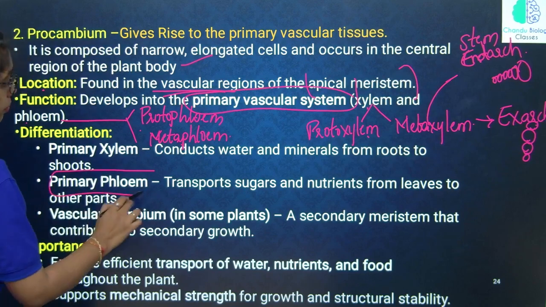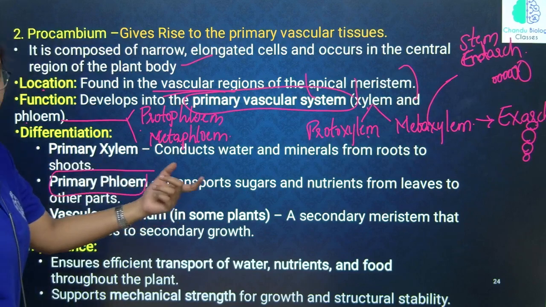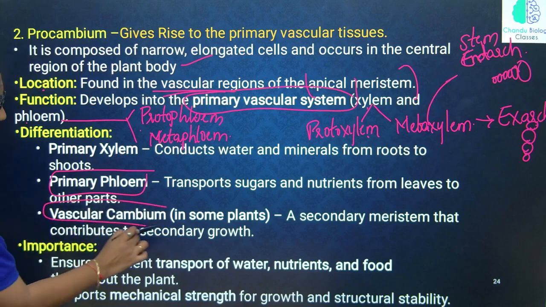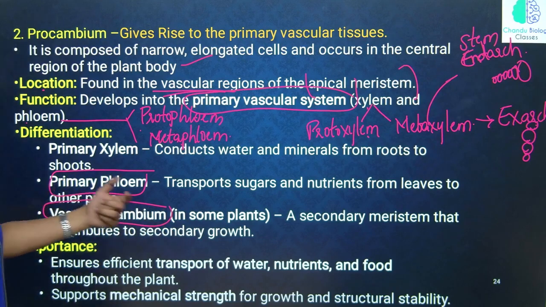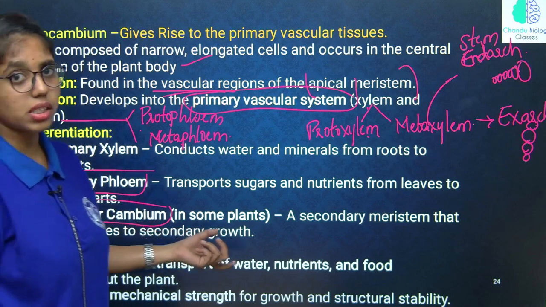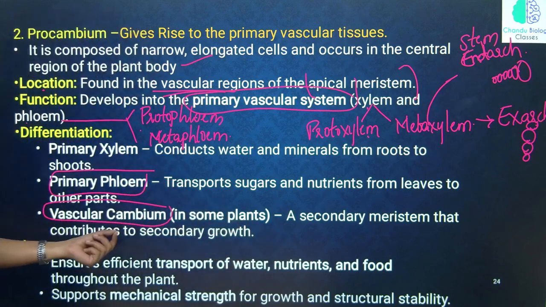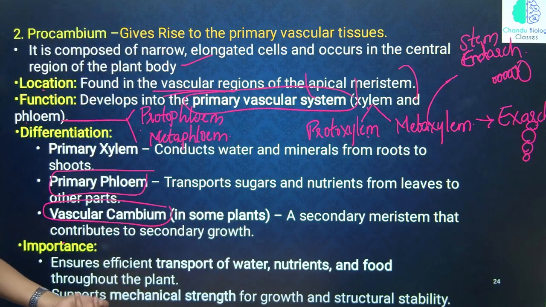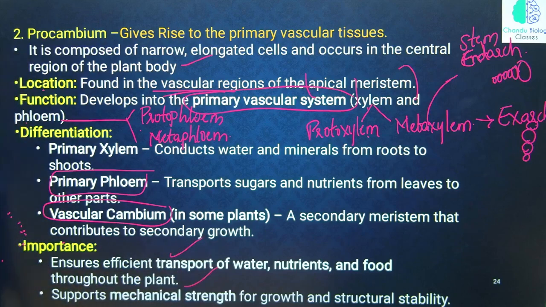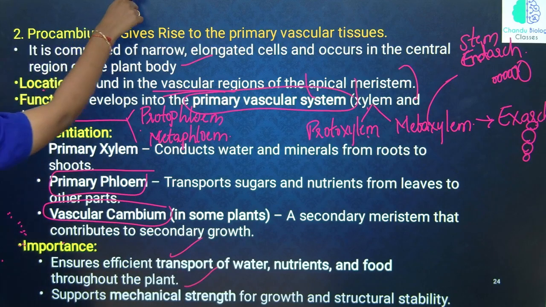Primary phloem will transport sugars and nutrients from leaves to other parts. Vascular cambium, in some plants, is a secondary meristem that contributes to secondary growth. In what plants is the secondary meristem, that is vascular cambium, formed? Gymnosperms and dicotyledons of angiosperms. The main importance is that this ensures mechanical support and transport of water, nutrients and food.